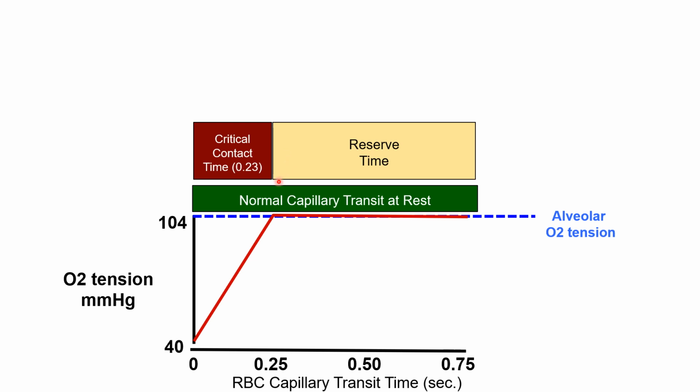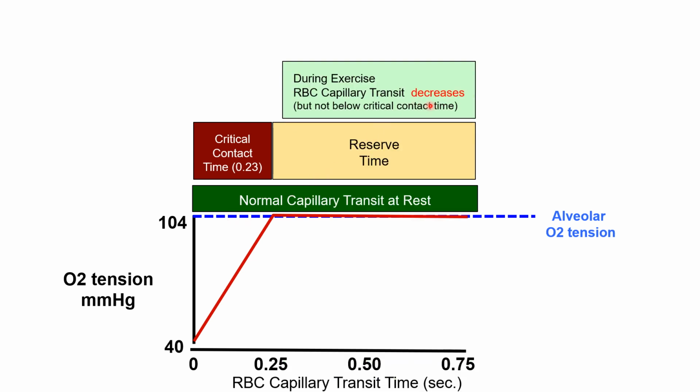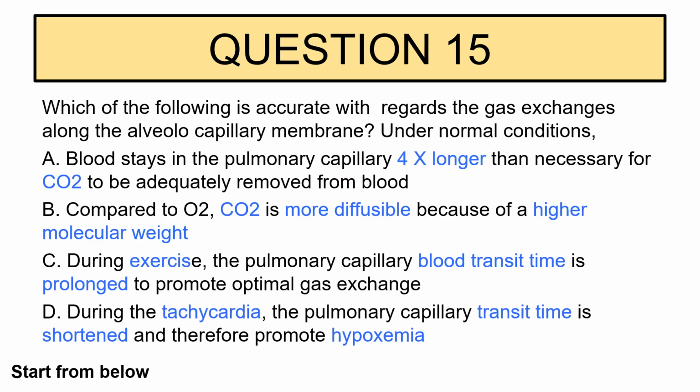So during exercise, the pulmonary capillary transit time is going to decrease, but it seldom decreases below the critical contact time. So from 0.75, because of the tachycardia, it may go down to 0.5, 0.27, but it seldom goes down to 0.23 to cause hypoxemia.